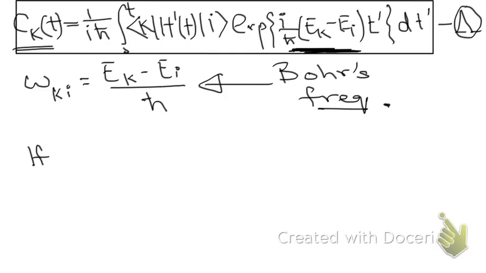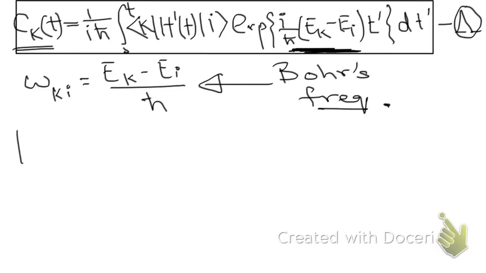Let me get rid of this thing. Now what I want to do is find the probability that the system is measured in a particular final state from some initial state.